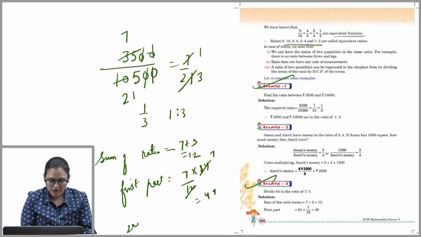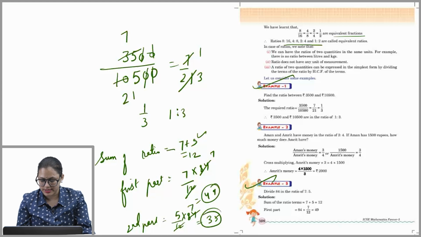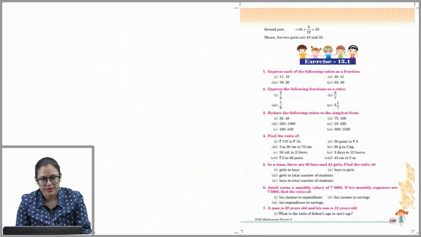Second part is 5 out of 12 into 84. 12 sevens are 84, 7 fives are 35. So the first part is 49 and the second part is 35, right?